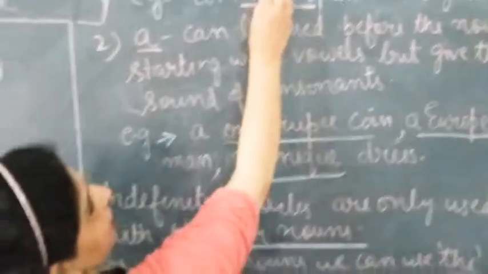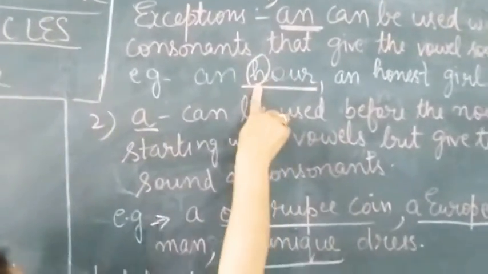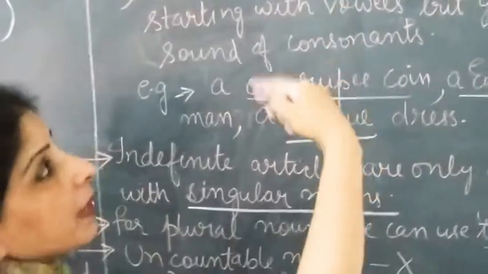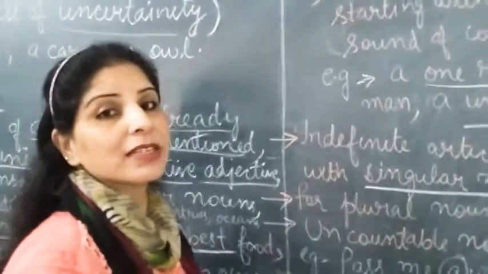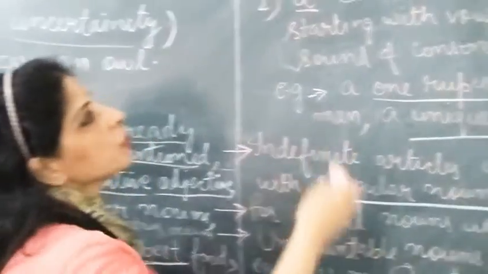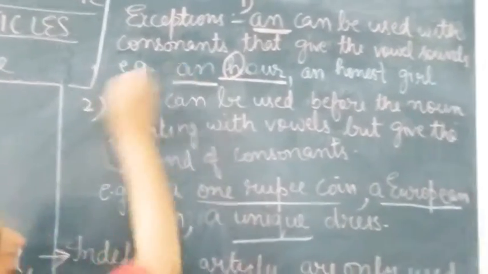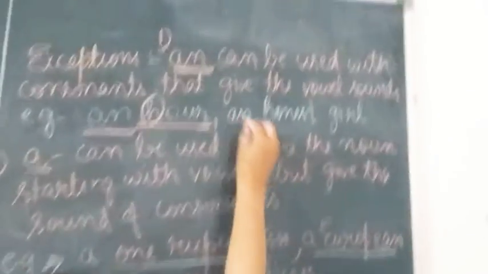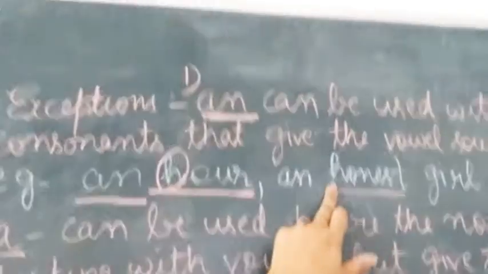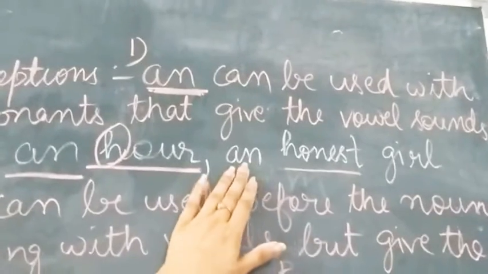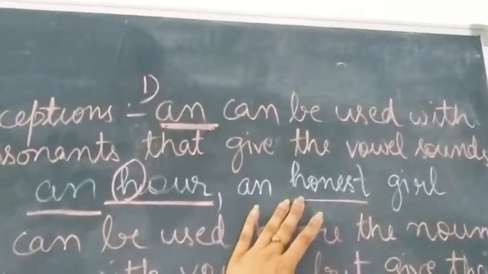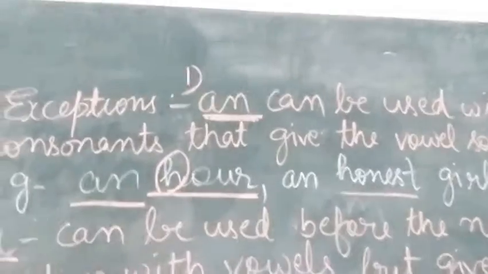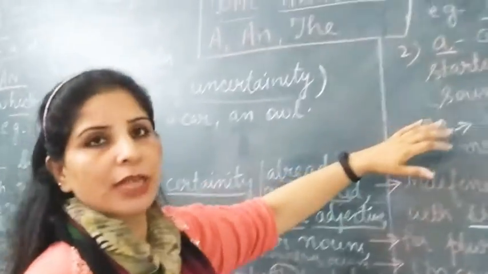Here H is a consonant, but when we pronounce it, it gives us the sound of a vowel, right? So we will use an here. Same way, an honest girl. Here H is again a consonant, but it is giving us the vowel sound, so we will use an. There are many more letters which I will be sharing with you in my revision assignment, and I hope you will be able to do that.